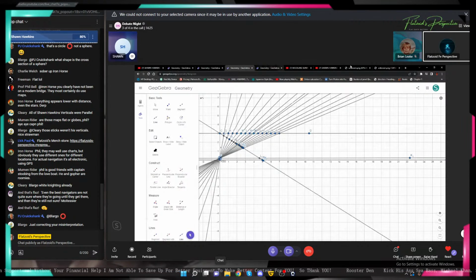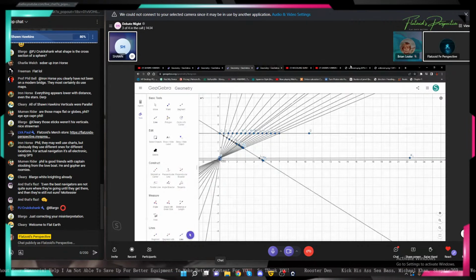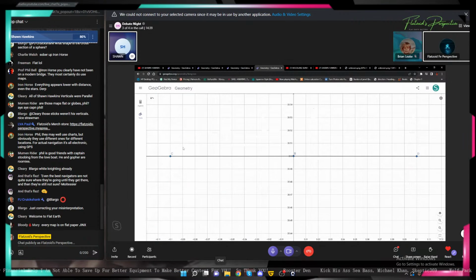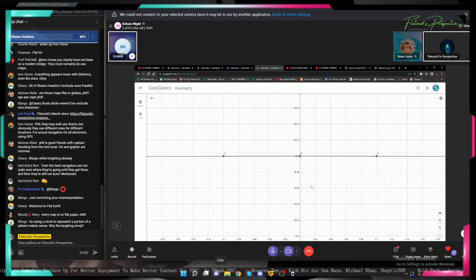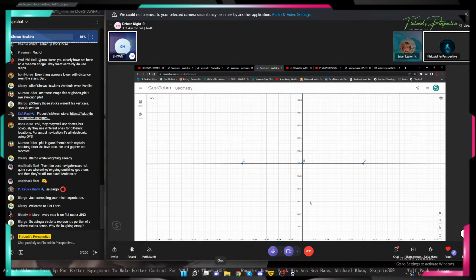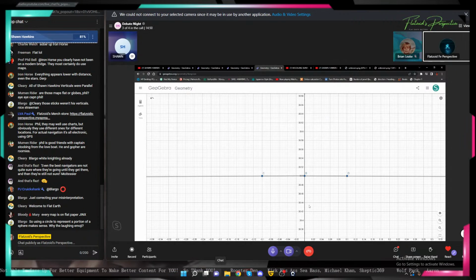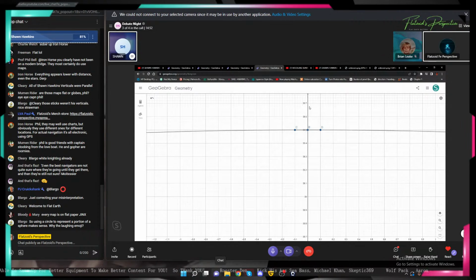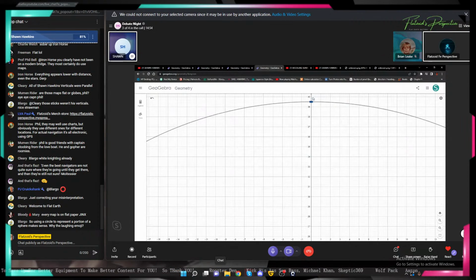And for the last thing, here we have a line. Each one of these lines here is 10 miles, or 5 miles. 5, 10, 15, 20, 25, 30, 35, 40. So this is 100 miles. It represents 100 miles. And it's flat, ain't it? Until you zoom out and you realize that it's a 4,000 mile radius circle, or 3959.